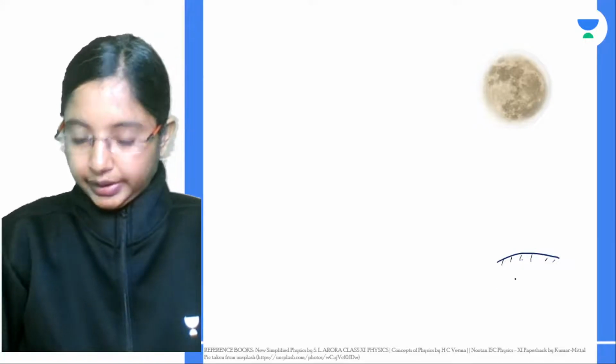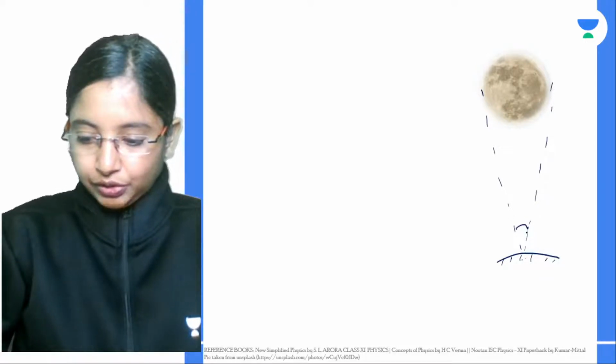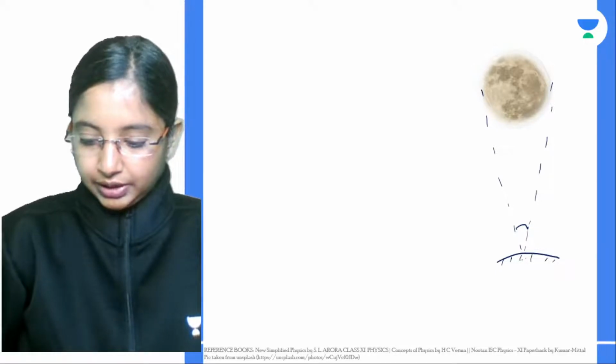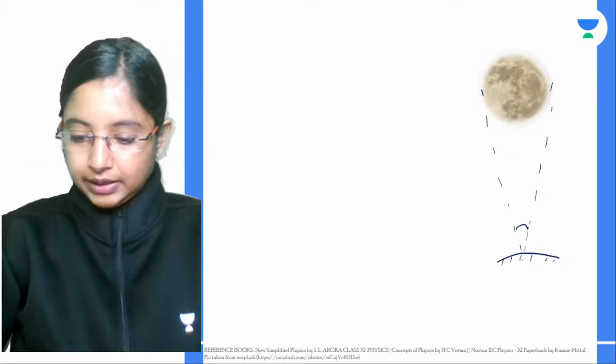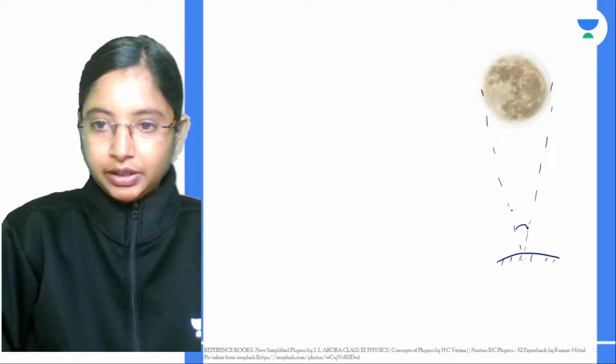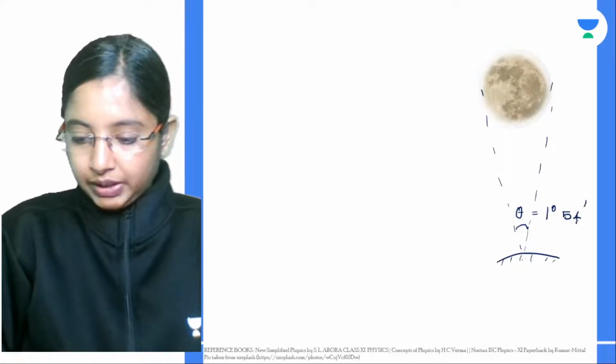If you are on earth and from earth you are measuring the two ends of the moon, this angle theta is given in the question to be 1 degree 54 minutes.